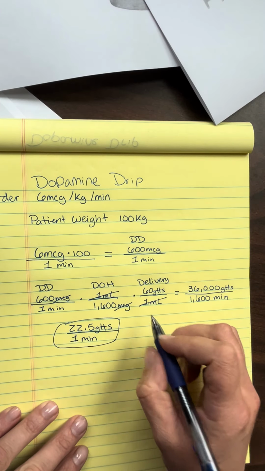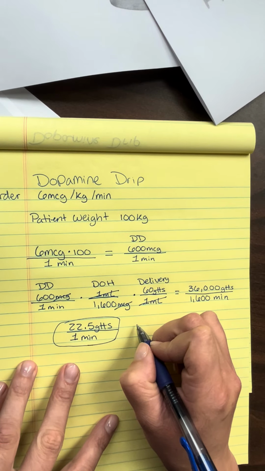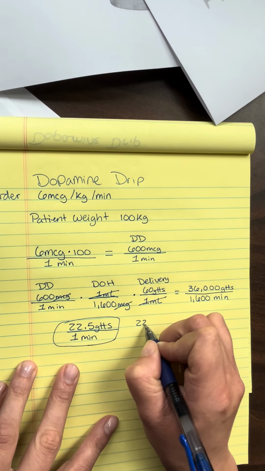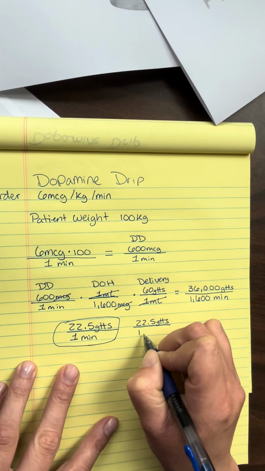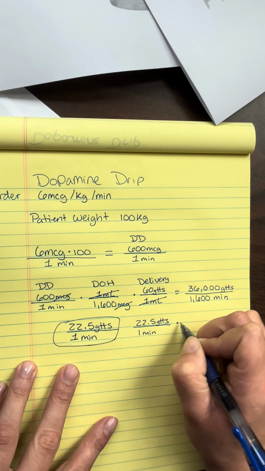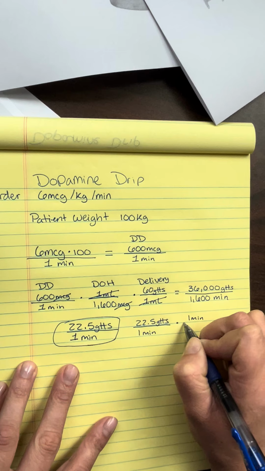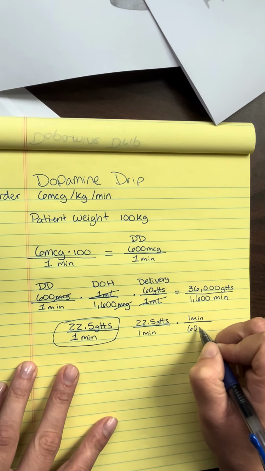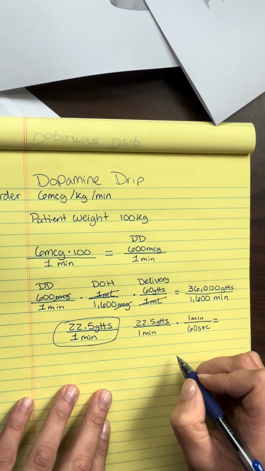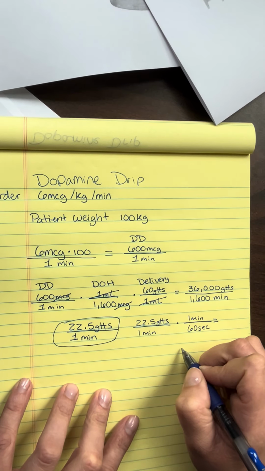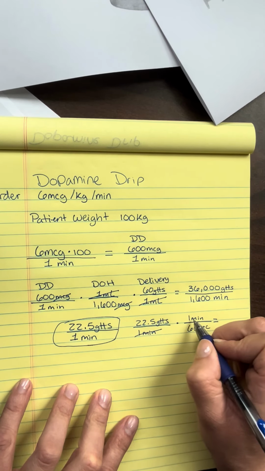If we want to divide this down, if we want to get our seconds, we would do 22.5 drips over 1 minute. 1 minute goes on top, and then 60 seconds on the bottom. And then this would equal, cross cancel.